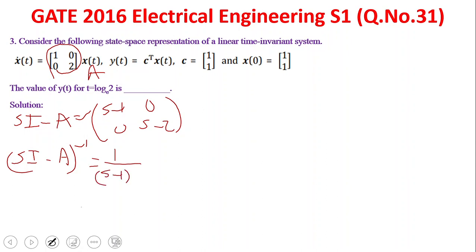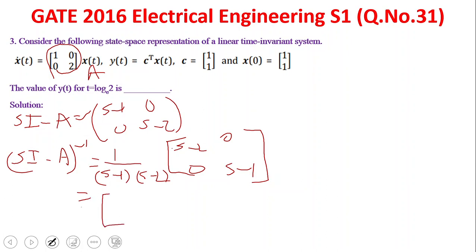For finding the adjoint, interchange the diagonal elements and change the signs of the off-diagonal elements. So this is 1 by s minus 1, I'm sorry, and this is 1 by s minus 2. So now we know sI minus A inverse.